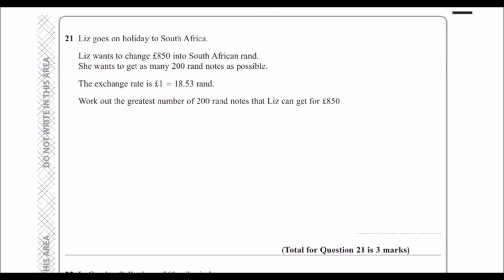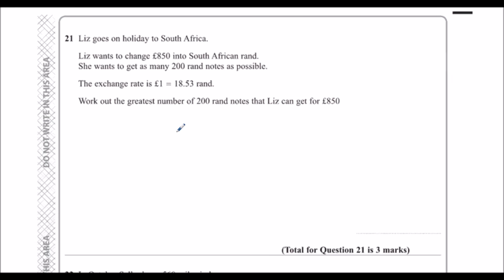Question 21. Liz goes on holiday to South Africa. Liz wants to change £850 into South African rand. She wants to get as many 200 rand notes as possible. The exchange rate is £1 equals 18.53 rand.